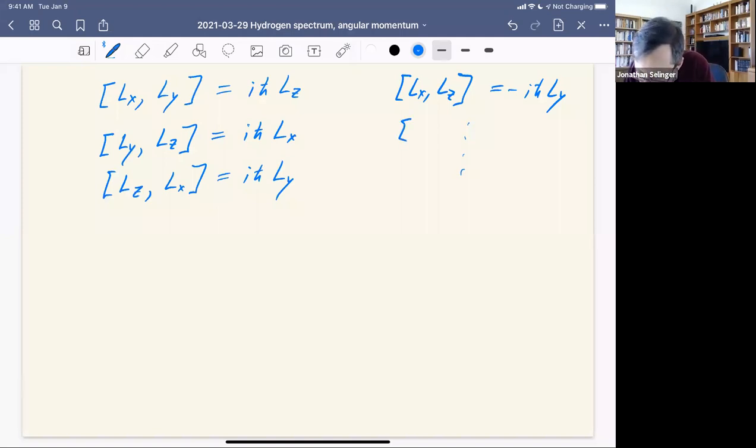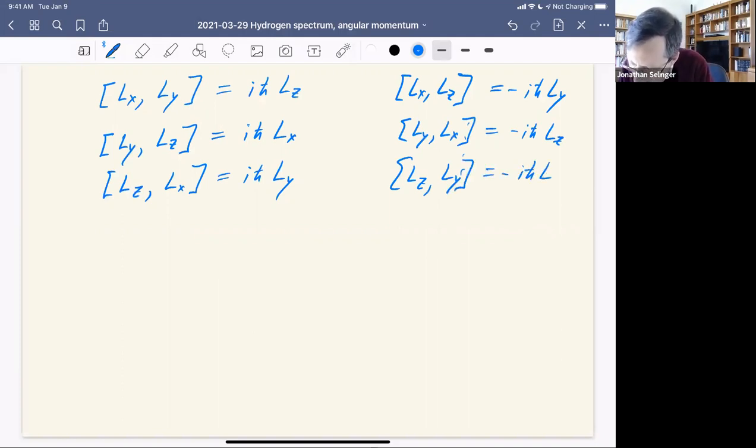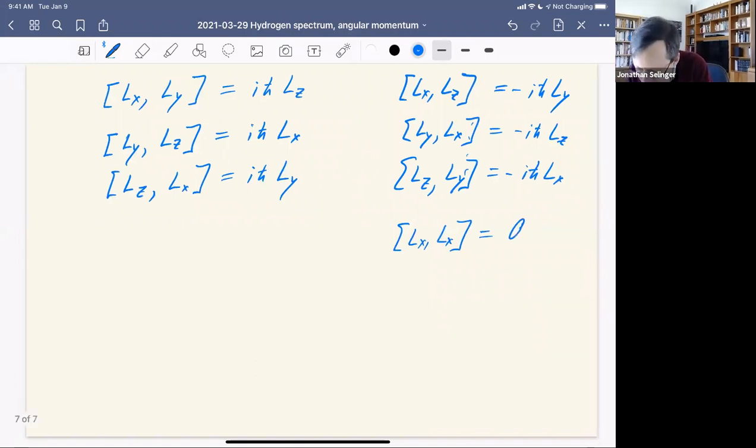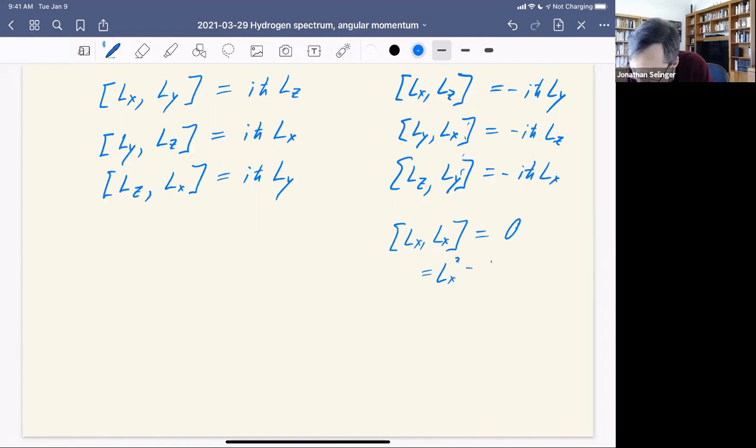So Ly with Lx is minus i h bar Lz, and Lz with Ly is minus i h bar Lx. And for Lx with Lx, any operator commutes with itself, so that's just 0. This is Lx squared minus Lx squared, so that's 0. And the same for Ly with Ly and Lz with Lz.